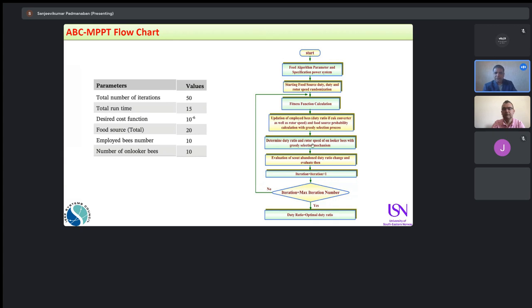Then we calculated the rotor speed and duty ratio to check whether we are getting the evaluated values, and then we change the values accordingly for the expectations. Then we check the iteration limits. If the iteration reaches the maximum number, then we go to the duty cycle to be optimized. If the duty cycle is not optimized, then we increase the fitness function.